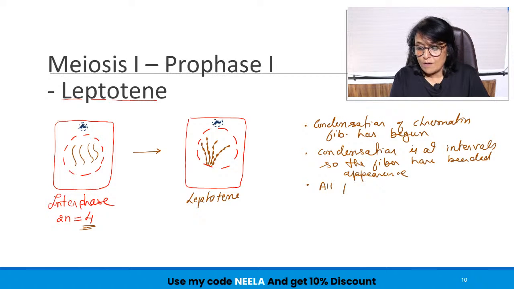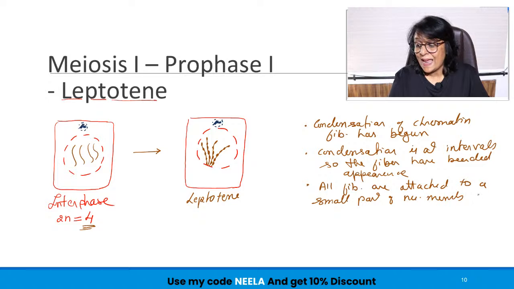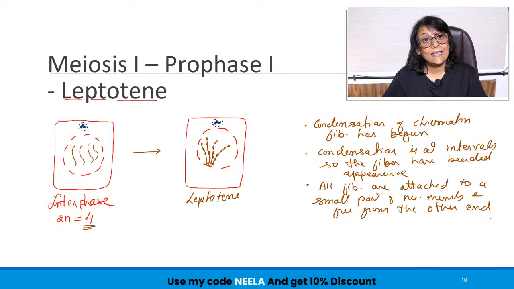So all fibers are attached to a small part of nuclear membrane and free from the other end, and so these fibers look like a bouquet. So the stage is known as bouquet stage.